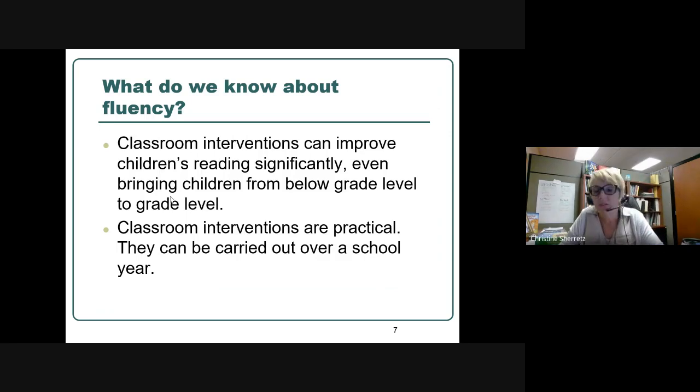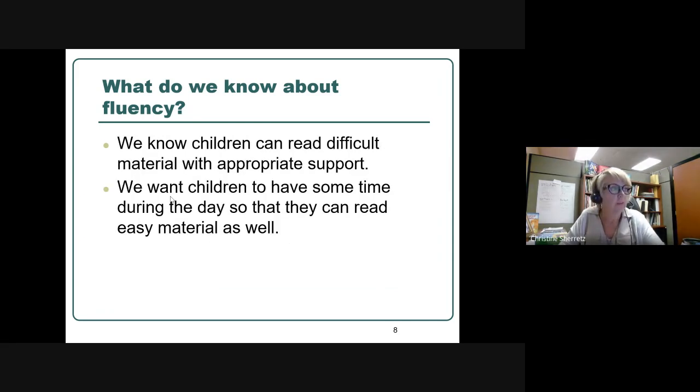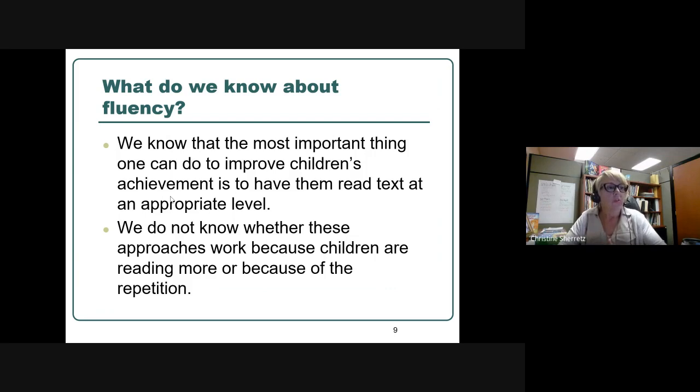So classroom interventions can improve children's reading fluency. There are a lot of strategies that we can do to improve reading fluency. And we know children can read difficult material with appropriate support. We know the most important thing we can do to improve children's achievement is to have them read text at an appropriate level.